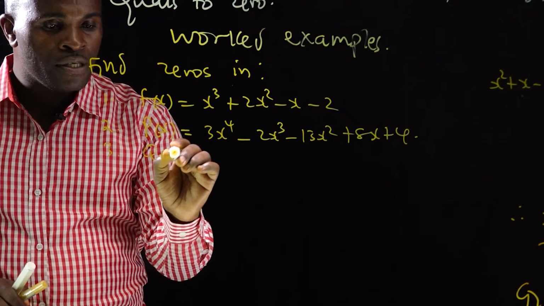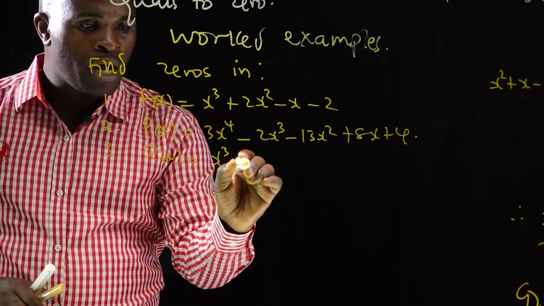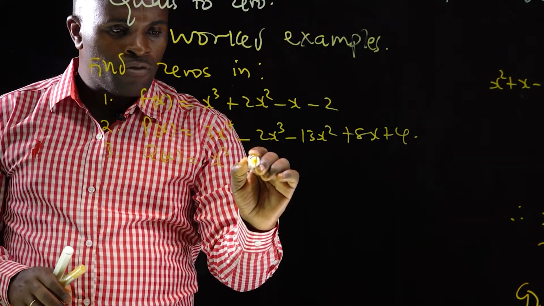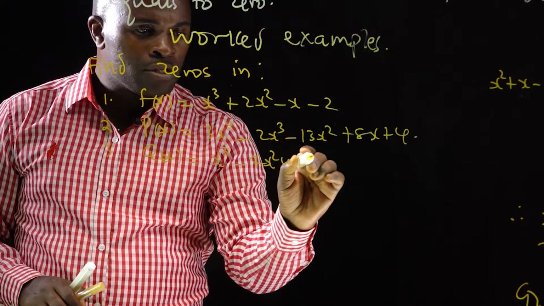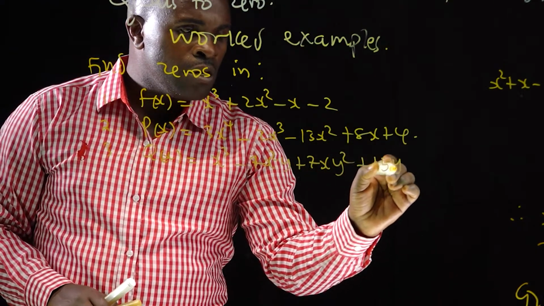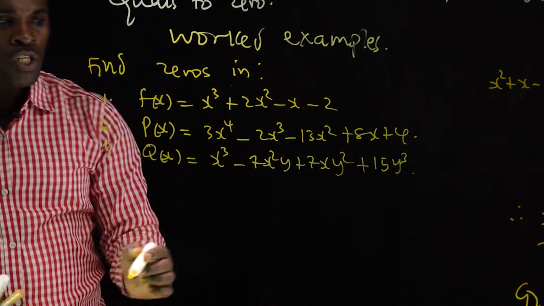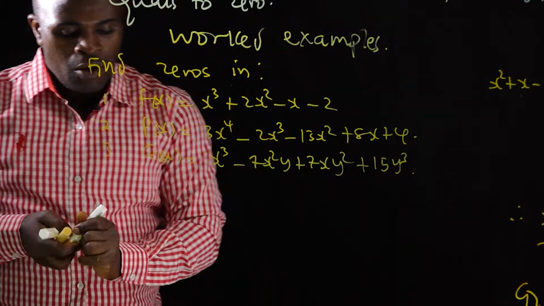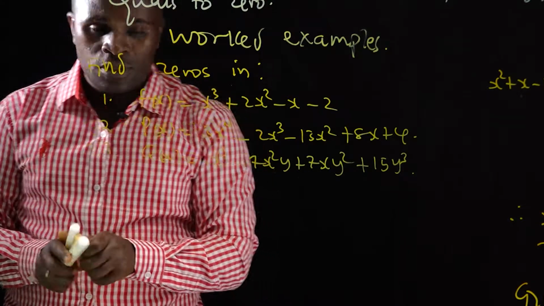Q of x equals to x cubed minus 7x squared y plus 7xy squared plus 15y cubed. So these are some counter examples. One could ask us to find zeros with this.